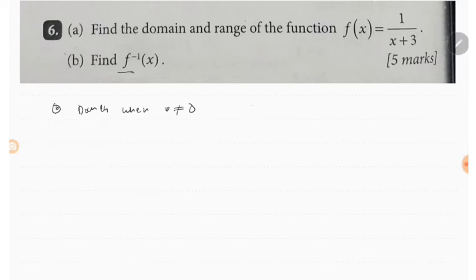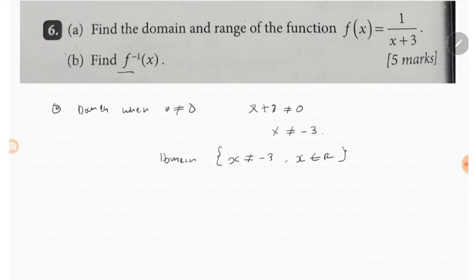So x plus 3 not equals to 0, then x not equals to -3. So the domain is x not equals to -3 and x is an element of the real numbers.